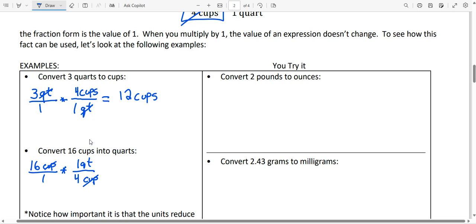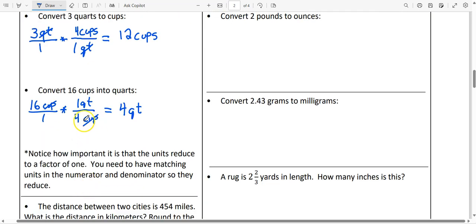So here we can see we're using both of these versions. Depending on what we start with, we do the reciprocal. 16 divided by 4 is 4. 4 quarts. And that's it. So it's very important to have the units correct so that they reduce.